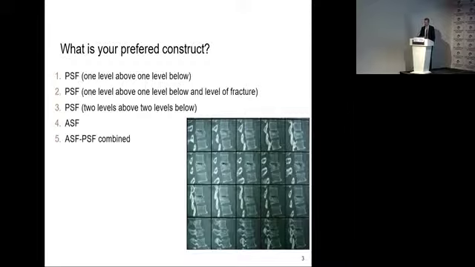I'm sure most of you pick one of these 5 options, which include one level above, one level below fixation, one level below together with putting the screw in the fractured level, 2 levels above and below, ASF may be combined. All of these are our options.